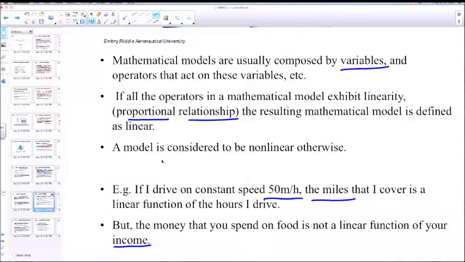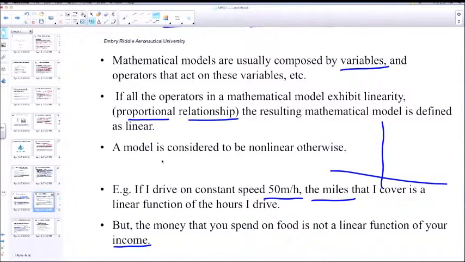But if you earn $1 million a year, you might only need to spend 1/10 of your money on eating. So the function will look like this. This is the income, and this is the money spent on food. It's not going to be a straight line. Well, if it's linear, it's pretty simple in most cases. Non-linear, it's pretty difficult.